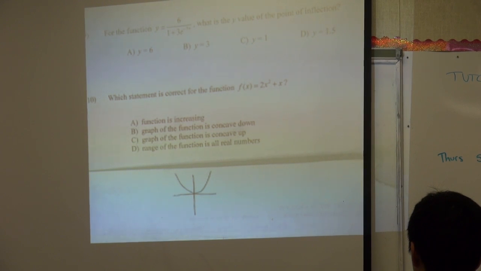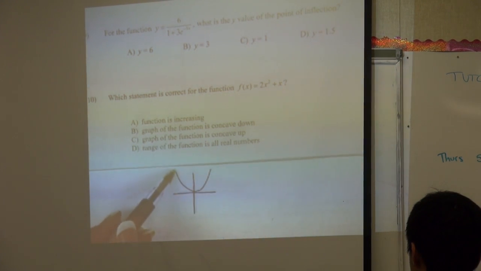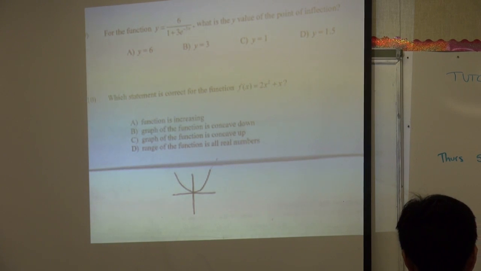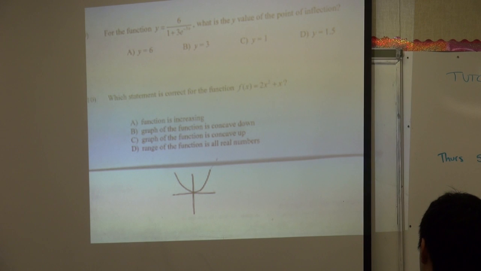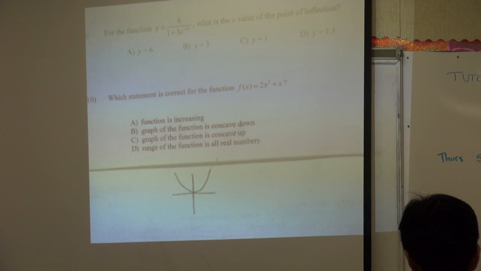So, it is not the range that is all real numbers. It's the domain. The function is increasing at one spot, but it is also decreasing. So the function decreases and then increases. And if you look at B and C, one says concave up and one says concave down, and you kind of can get an idea that it's one of those, right? Is that concave up or down? Up. So the correct answer is C.